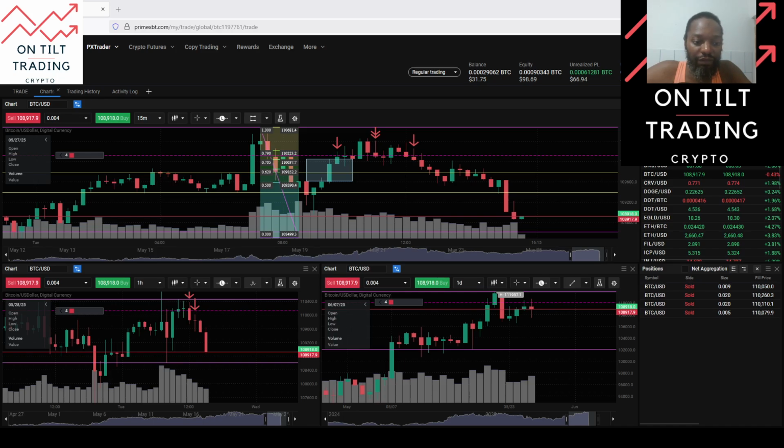The range on the 15-minute structural range also coincides with the structural range on the 60-minute. My approach is looking for market structure shifts or breaks of structure on the 15-minute and targeting liquidity on the 60-minute.